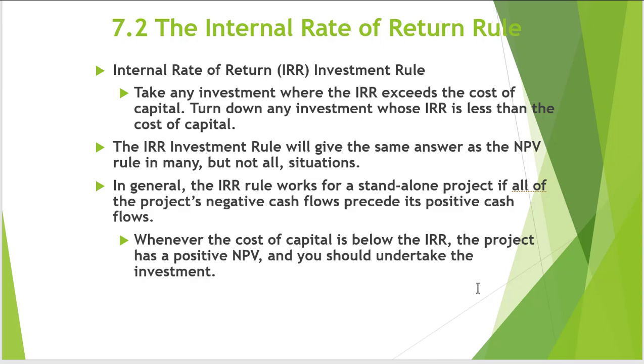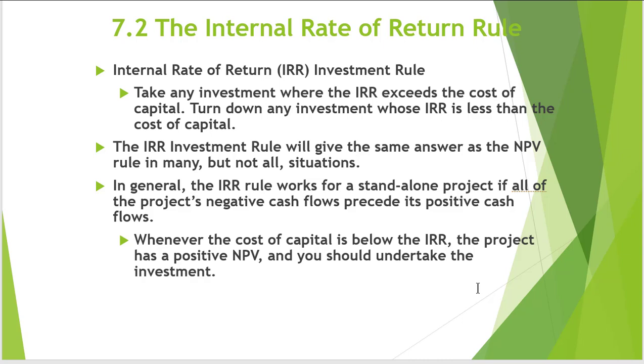What that means, and we'll have an example of this in a couple of minutes, is that we have to have a series of cash flows where you spend money, negative cash outflow, followed by a series of positive cash flows. Whenever the cost of capital is below the internal rate of return, this implies that the project is going to have a positive net present value.